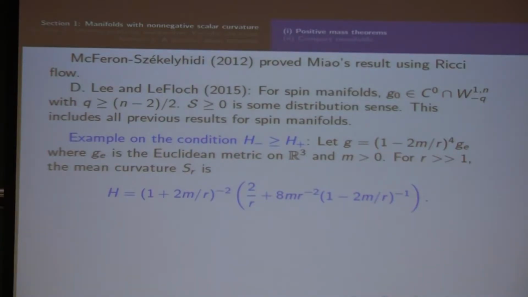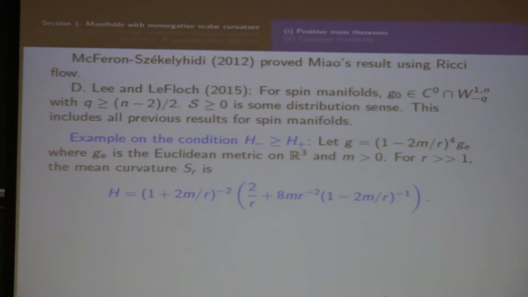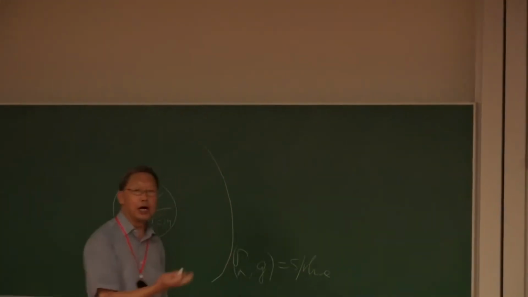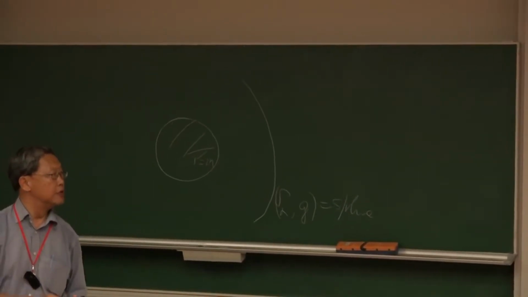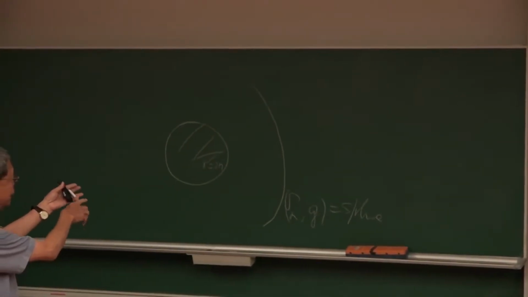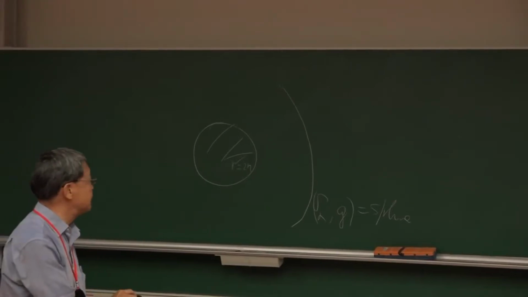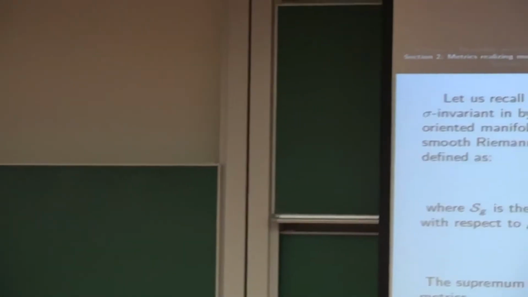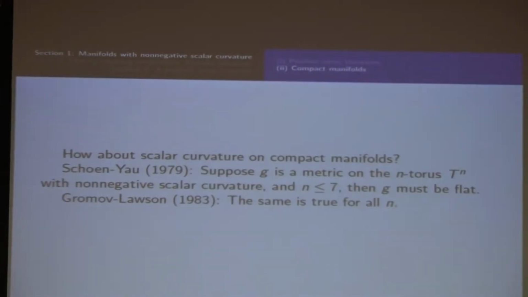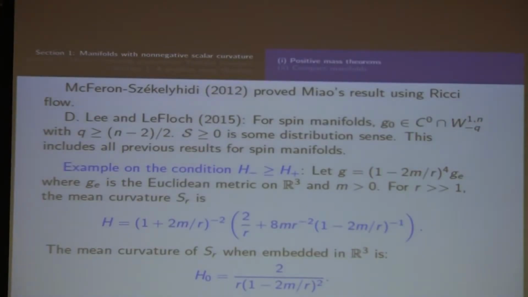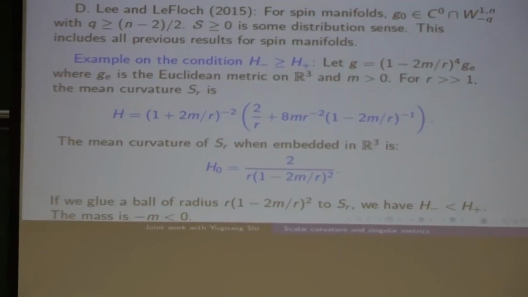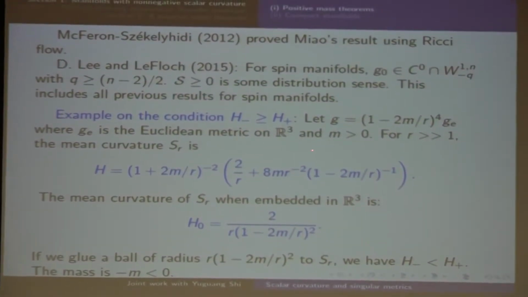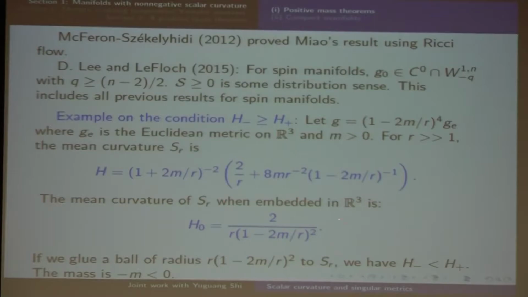For S_r with the metric g, this is also a sphere, but the radius is not r. Therefore, if you consider this S_r, together with the metric g, as an embedded surface in R3, then the mean curvature is this one.